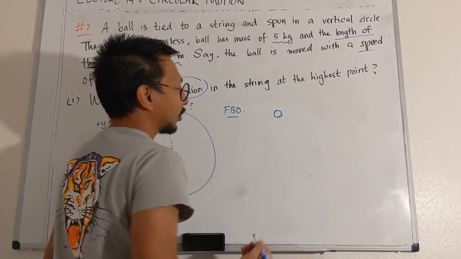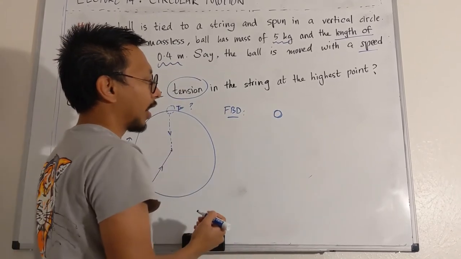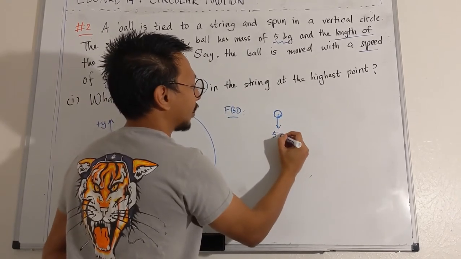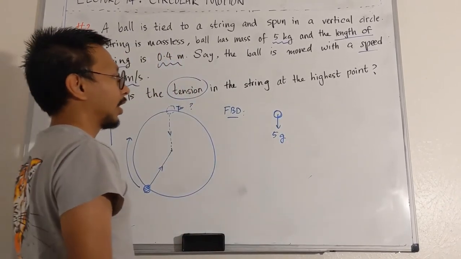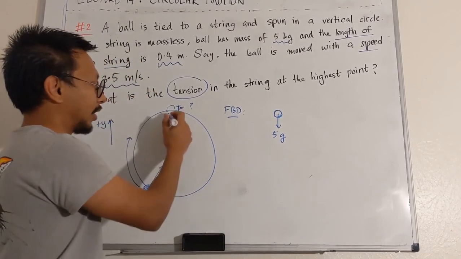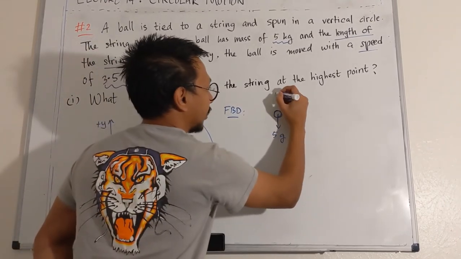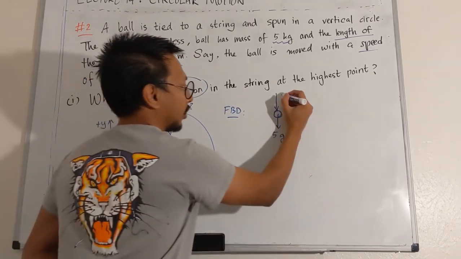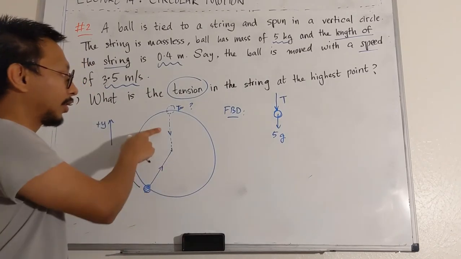At the highest point, what are the forces the ball will have acting on it? The ball will have its weight acting on it, 5 times g, and it will have a tension force acting on it, right? Because it is attached to a rope. The tension force is pulling it downward like this.